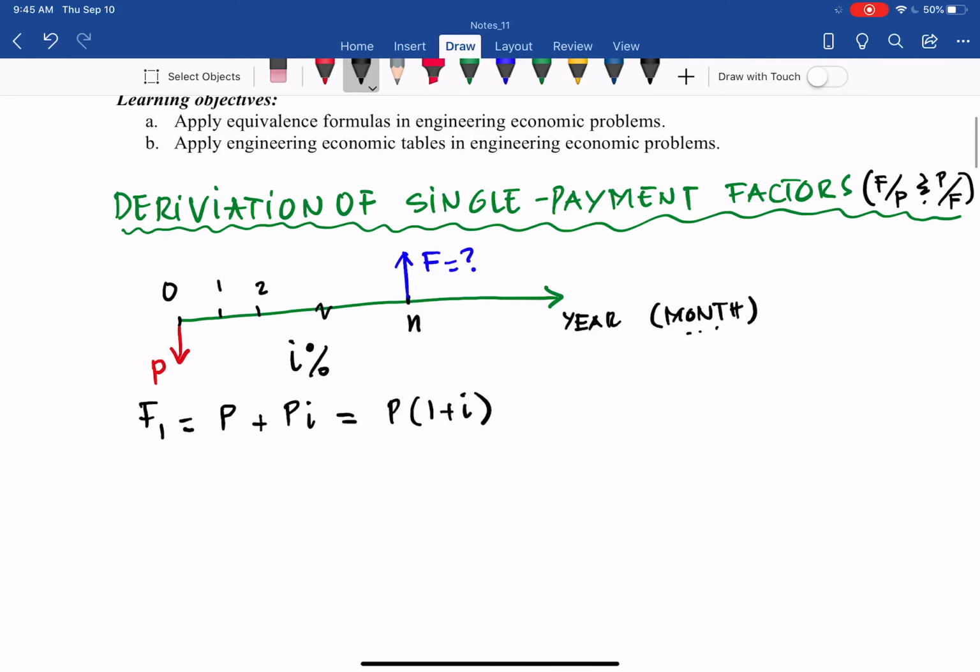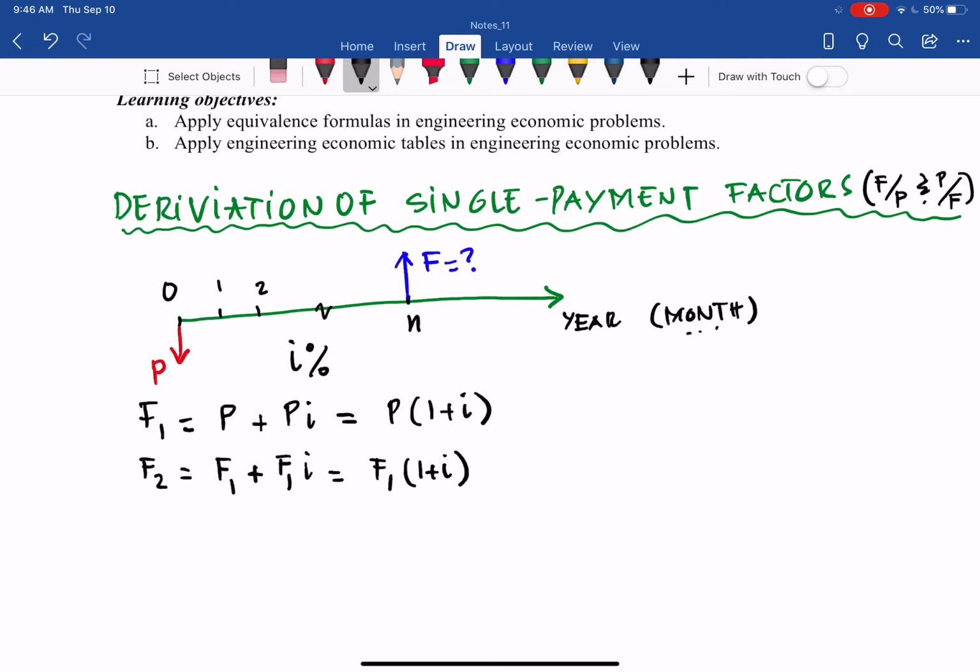Now if F is withdrawn at year 2, this is compound interest: the original principal at the end of year 1, that is F1, plus the interest accumulated in the second year, F1 times i. From that, F2 equals F1(1 + i).